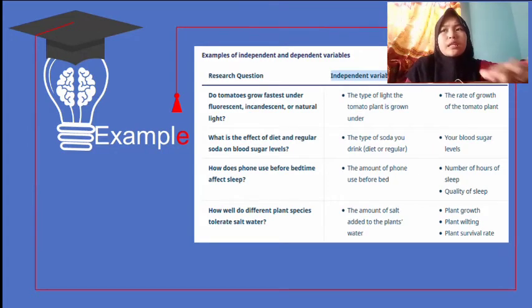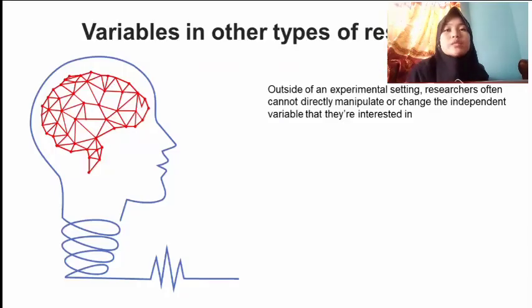Another kind of variables in another type of research. Outside of an experimental setting, researchers often cannot directly manipulate or change the independent variable that they are interested in. For example, in social science, the variable is not easily changed or manipulated. So the researchers often find data from previous research or data that comes directly from the society.